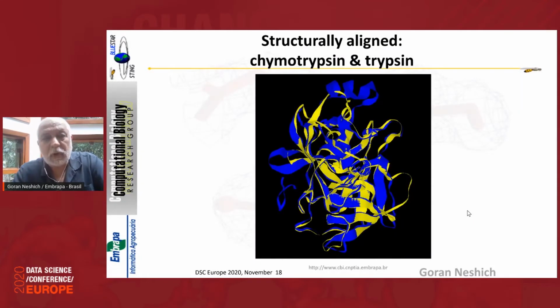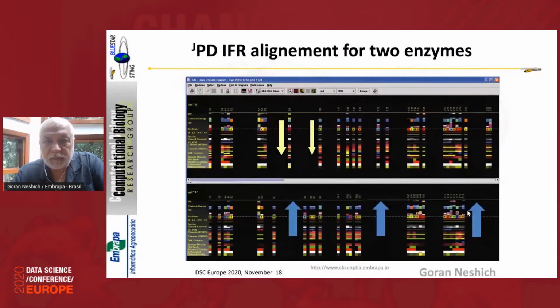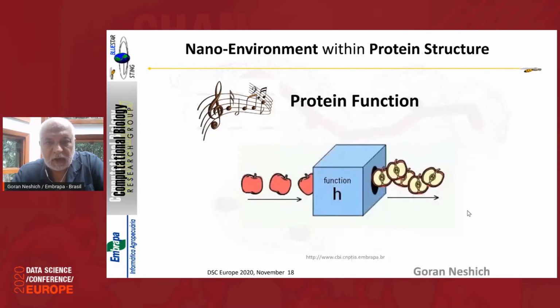We can see also how the structures are differing. Once we superpose them, you see those two proteins, blue and yellow, let's call them that way. They are very similar at the core, but a little bit different at the edges. And we can see how their parameters differ in this presentation with all kinds of parameters presented graphically.